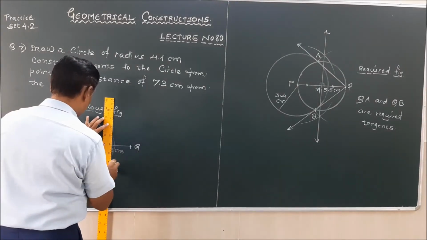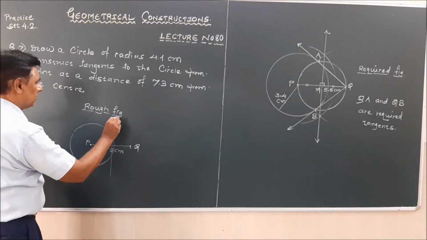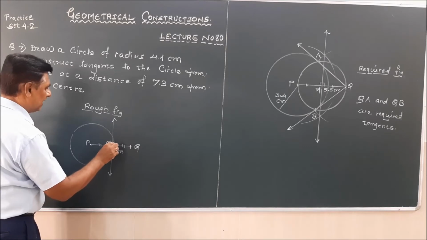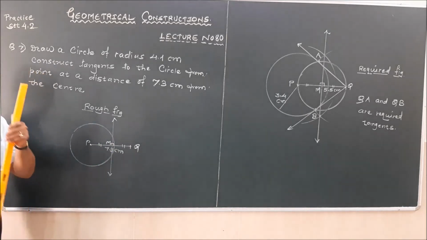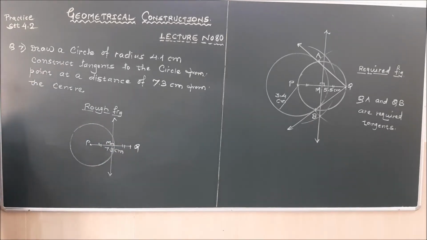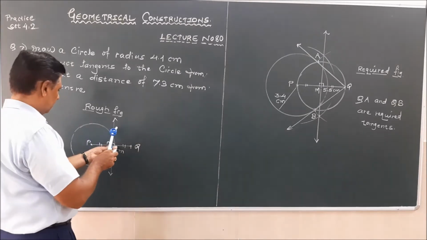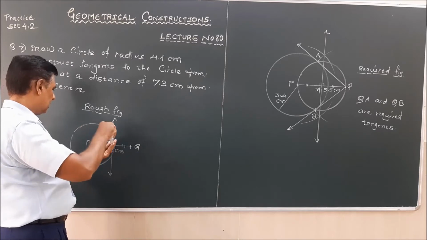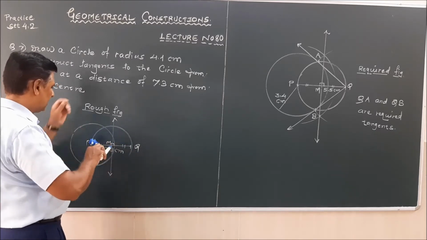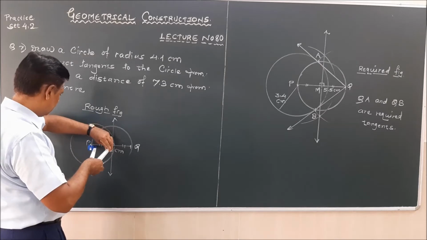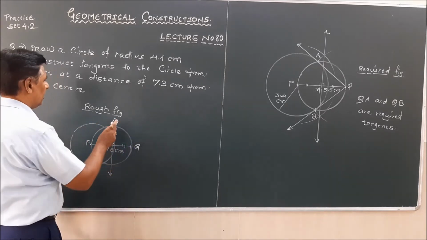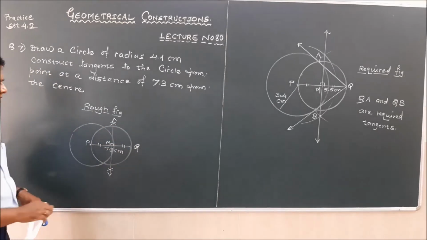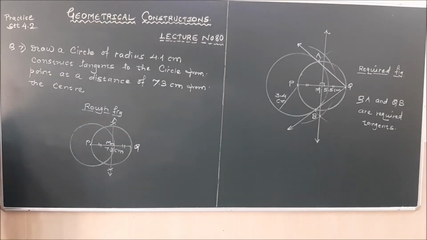We have to draw a perpendicular bisector of this PQ. Label it as M. Then we have to take M as a center and draw a circle.